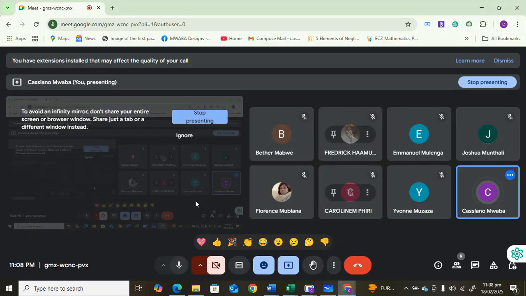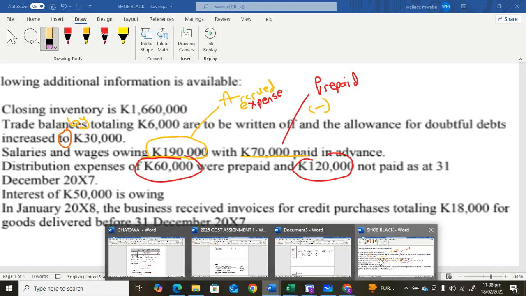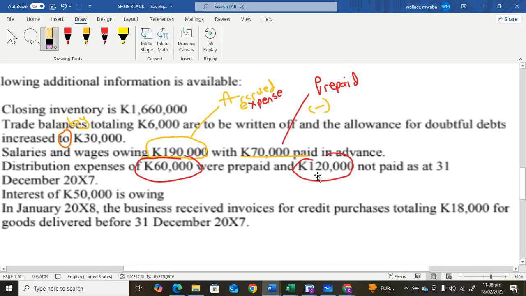Yes, Madam, Mr. Joshua, this 120,000 accrual, on which section of the balance sheet will we find it?